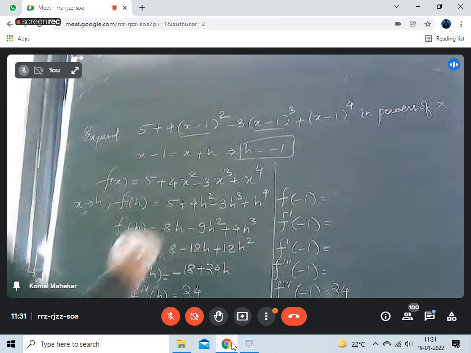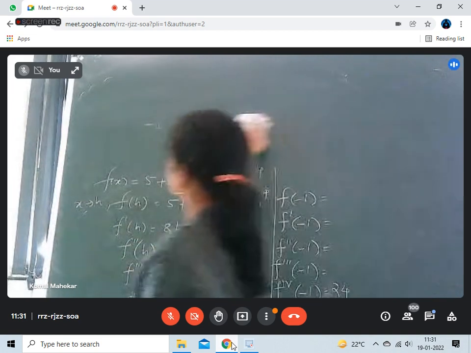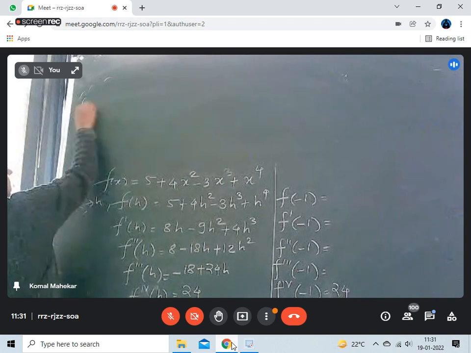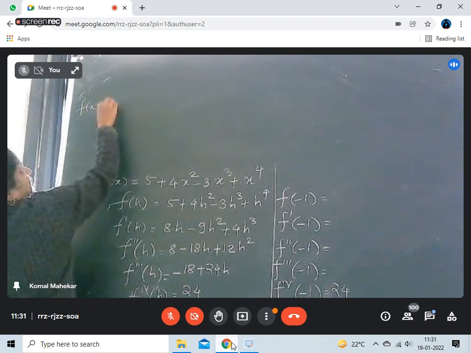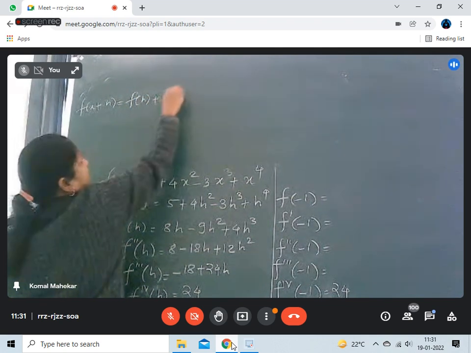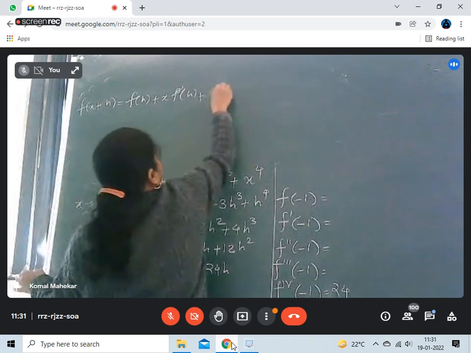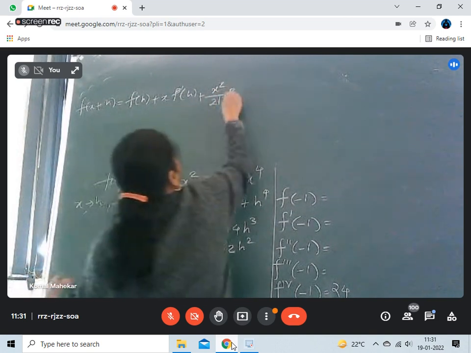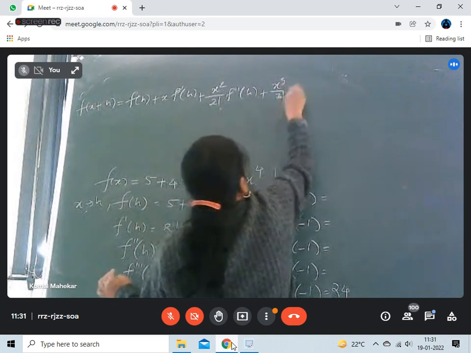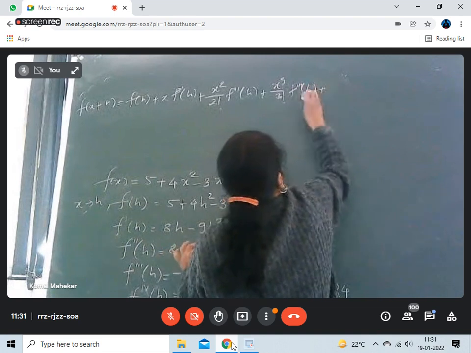So when you substitute all these values in the formula, the expansion of the function x plus h in powers of x: first term f of h plus x into f dash of h plus x square by 2 factorial f double dash of h plus x cube by 3 factorial f triple dash of h, and so on.